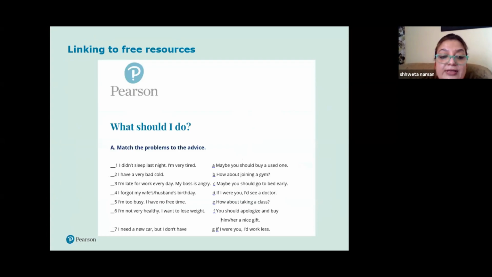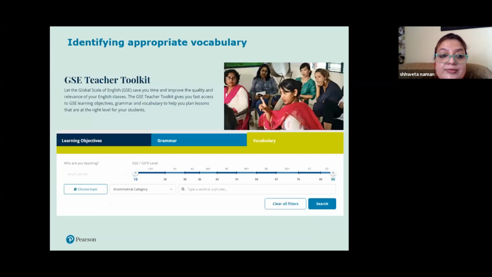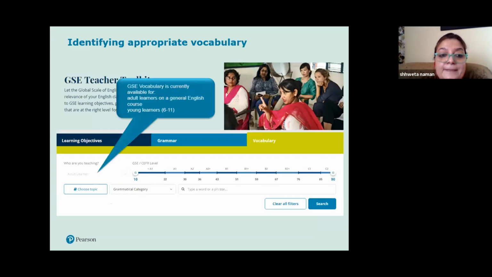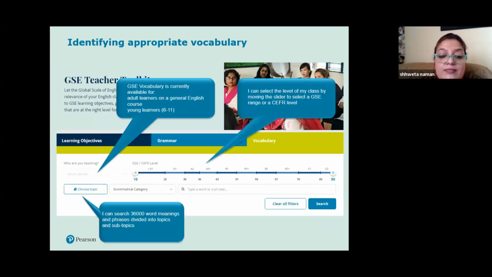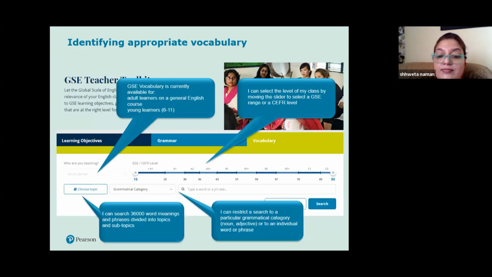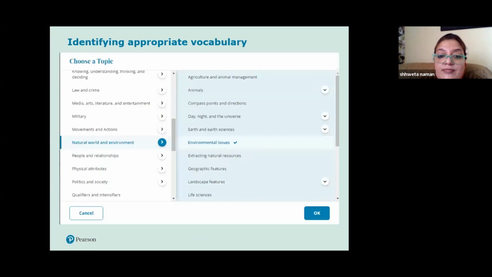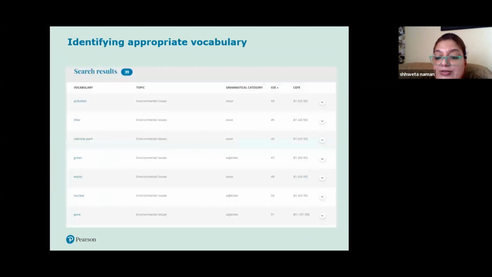These are the kind of exercises that Pearson has in the courseware terms, in the teacher's toolkit. These are some examples of the learning objectives.